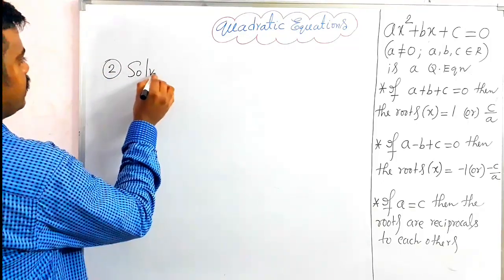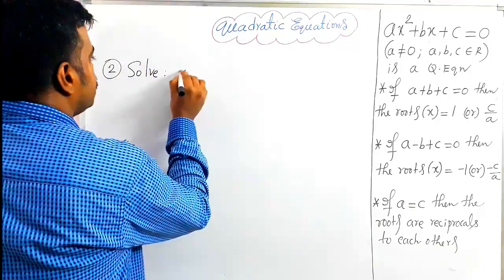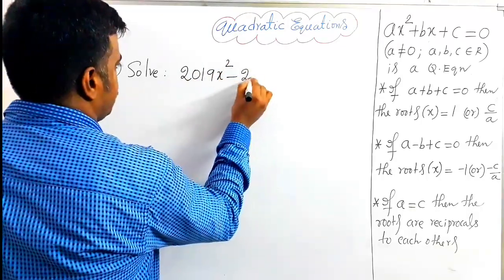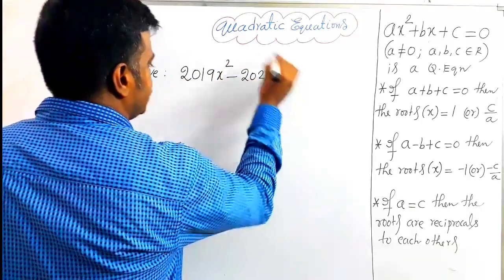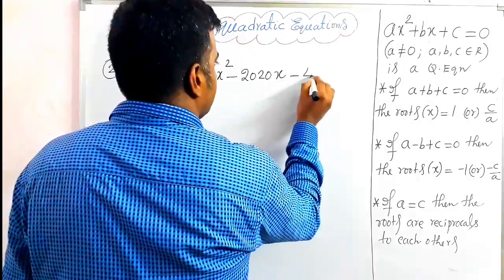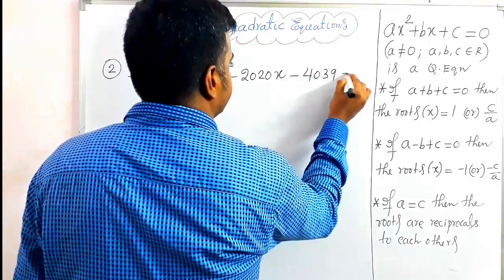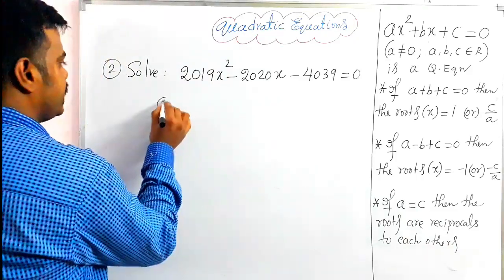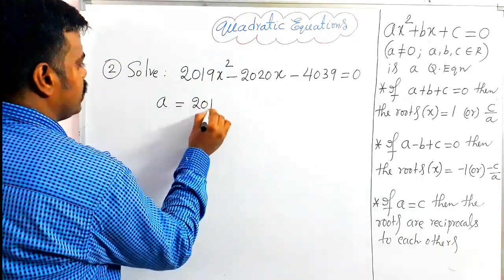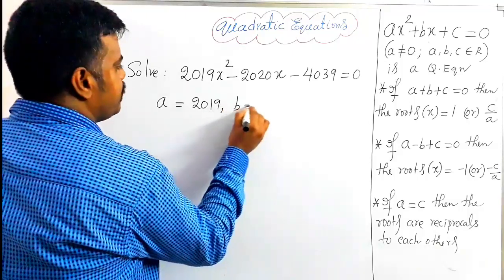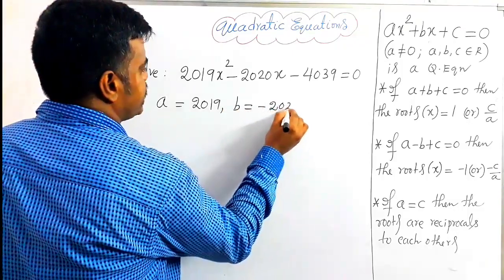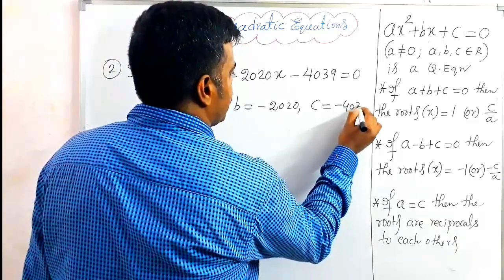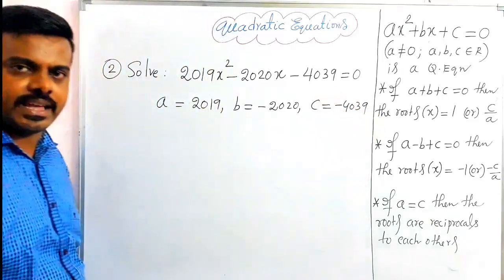Solve 2019 x square minus 2020x minus 4039 equal to 0. Here you observe a is equal to 2019 and b is equal to minus 2020, c is equal to minus 4039.